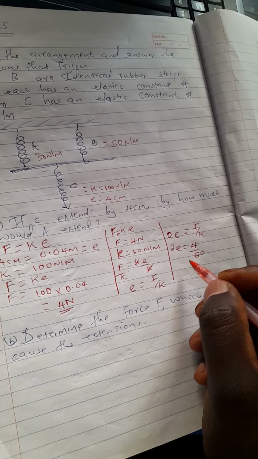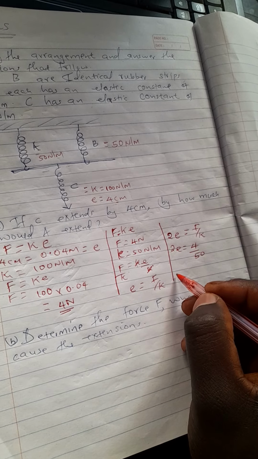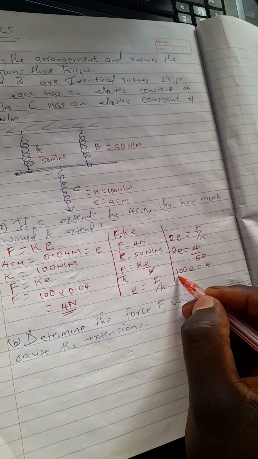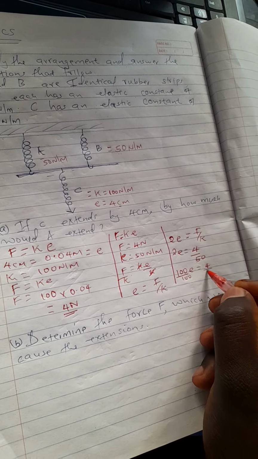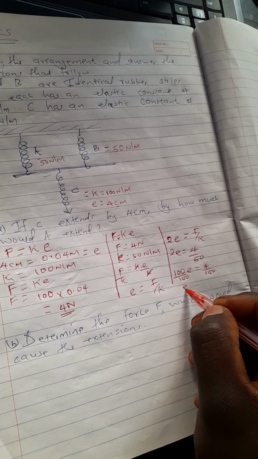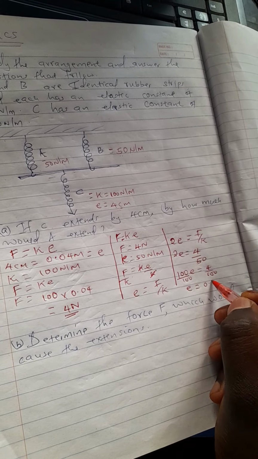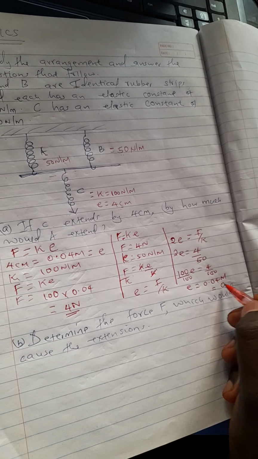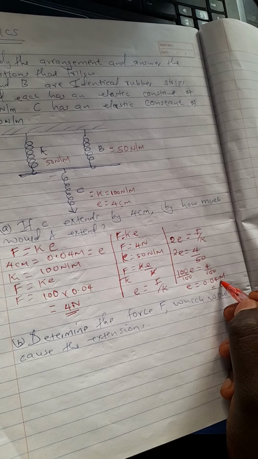If we cross multiply, 100 E equals 4. Dividing by 100, our E will be equivalent to 0.04 meters, which is equivalent to 4 centimeters.